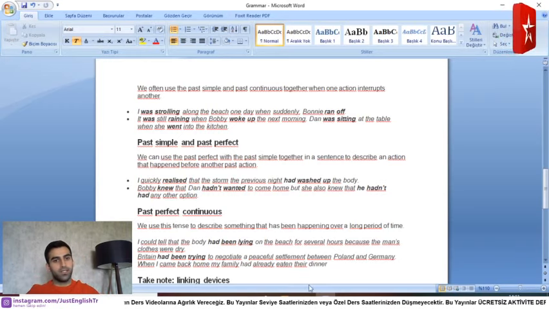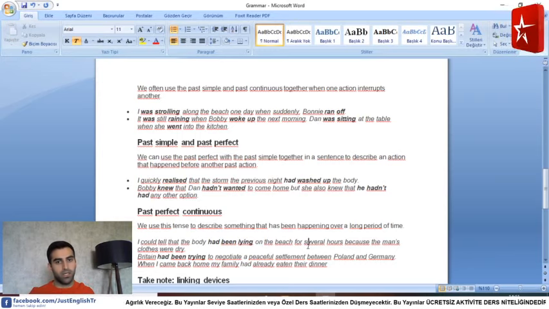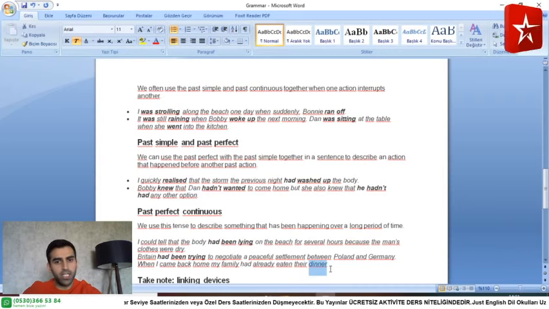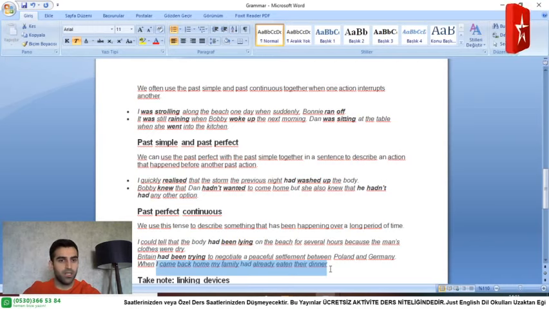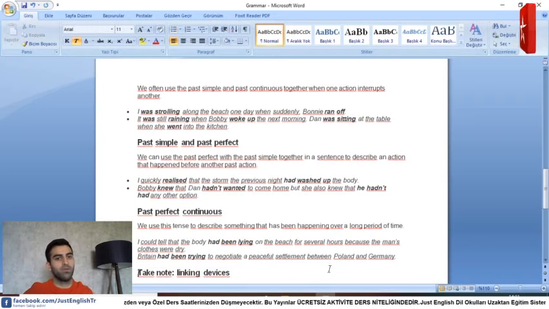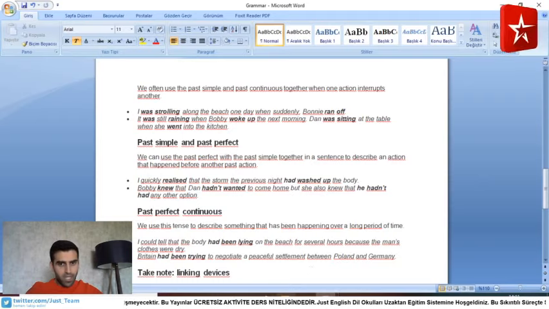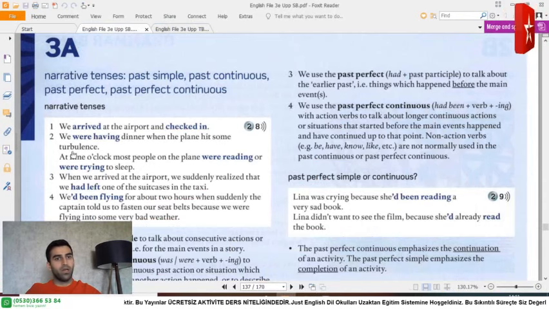So in this sentence, you can see I used past perfect and past simple. For the action which happened first, we will use past perfect, and for the one which happens second, we will use past simple.